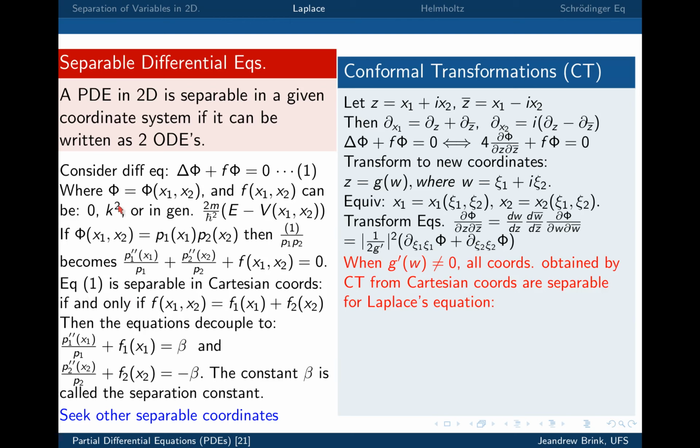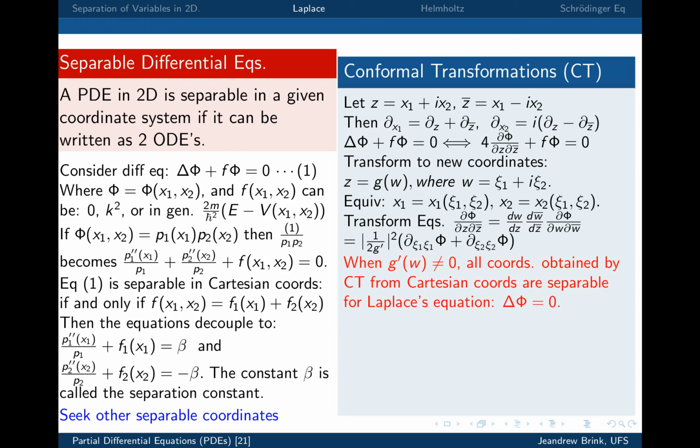But the moment you put an f here with k, you can see you have a problem, because you can't multiply through by the norm of g prime squared, because you're going to have k times g prime squared. So that thing is only going to be separable if that g prime squared is separable.